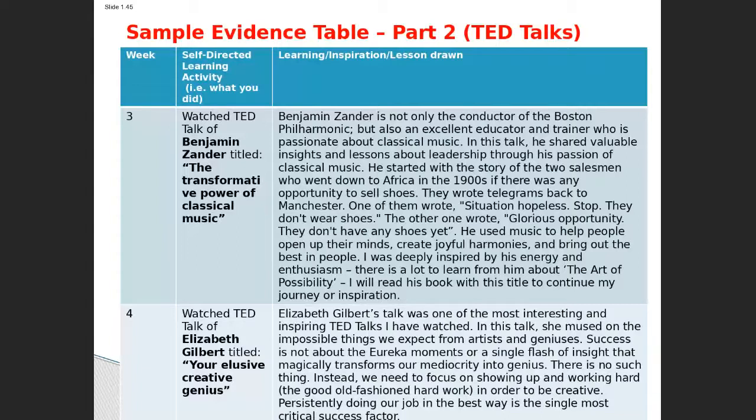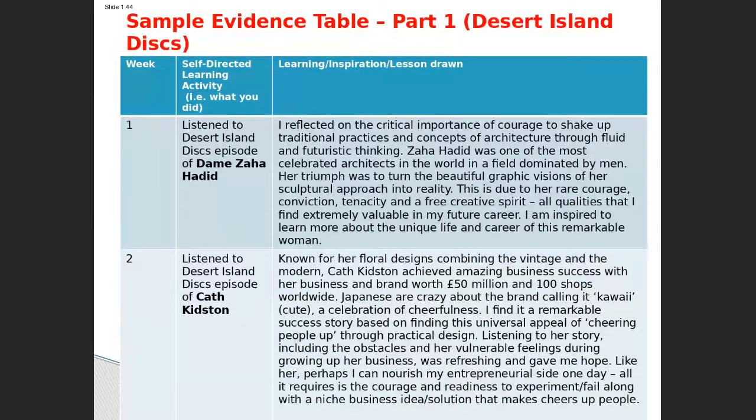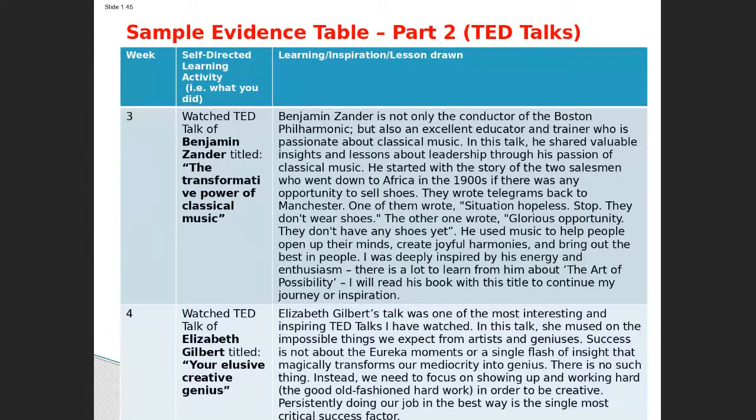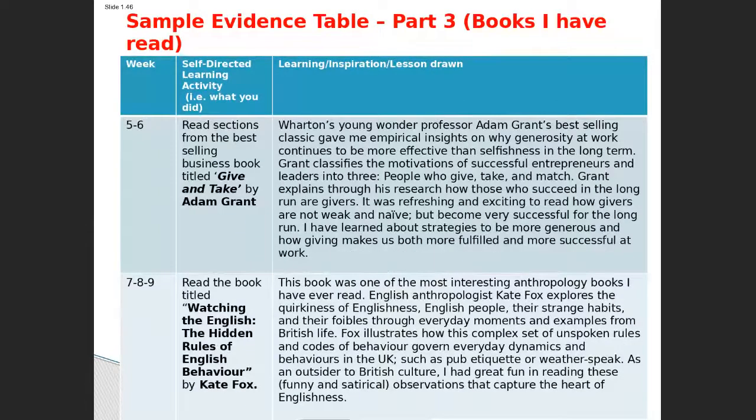So as you can see, after Desert Island Discs, I have chosen 2 TED Talks. Benjamin Zander's talk on classical music, which was amazing, and Elizabeth Gilbert's talk on creativity, which was, again, fascinating. Both talks are great. I just summarized my learning. I also read 2 books recently, let's say, when I prepared this.